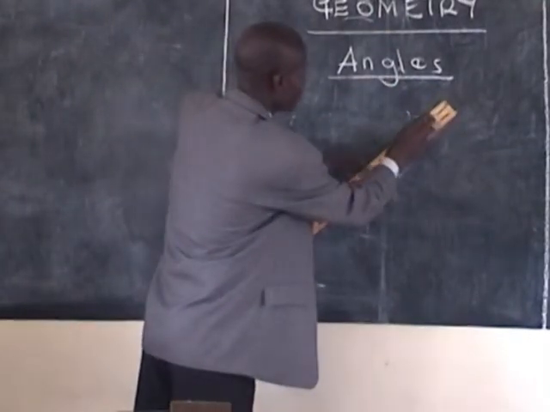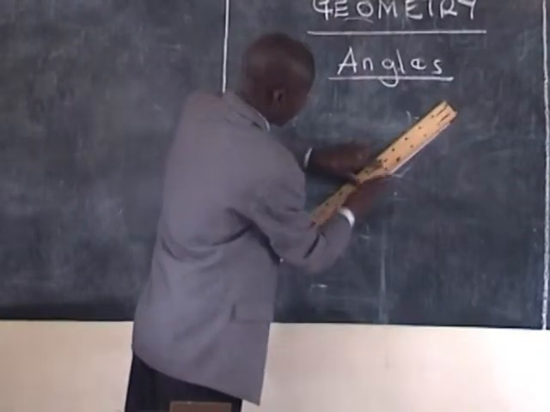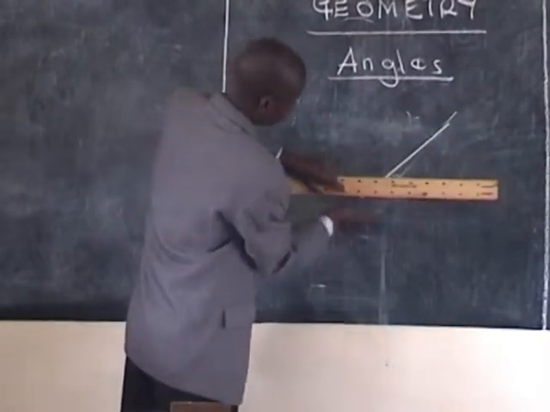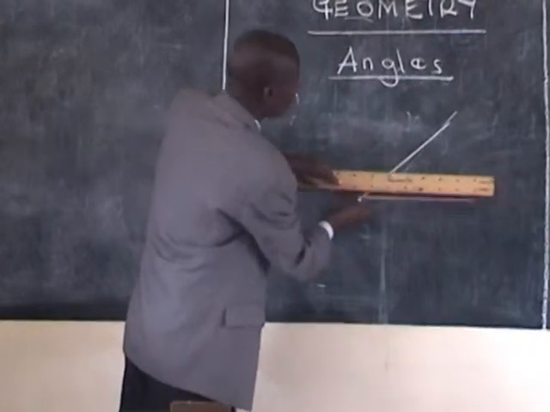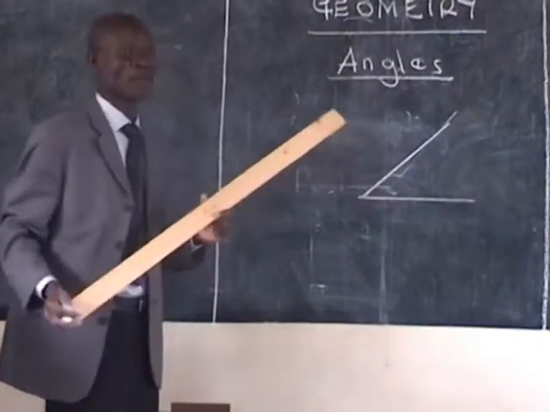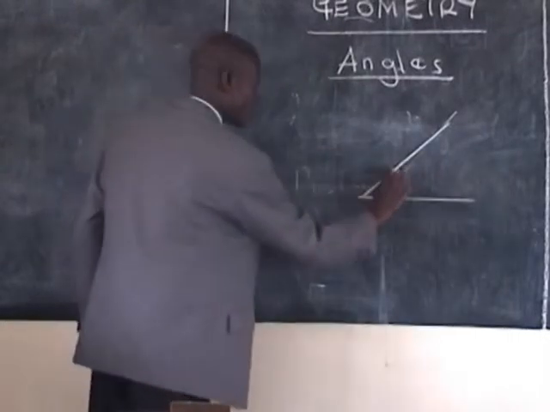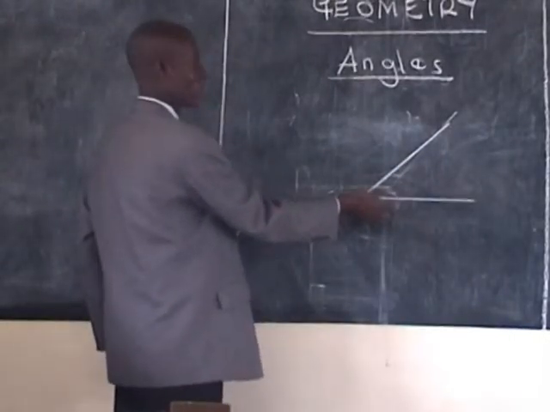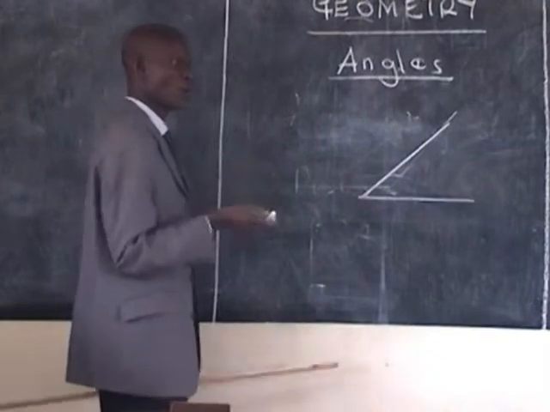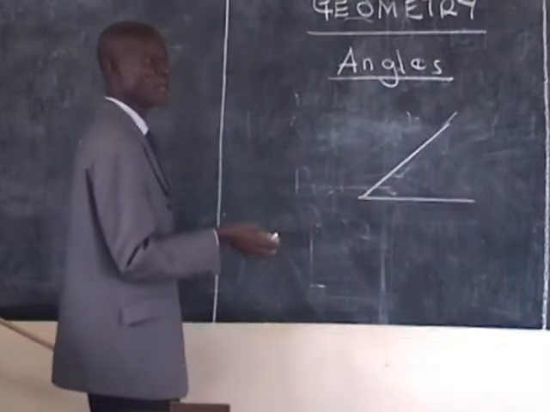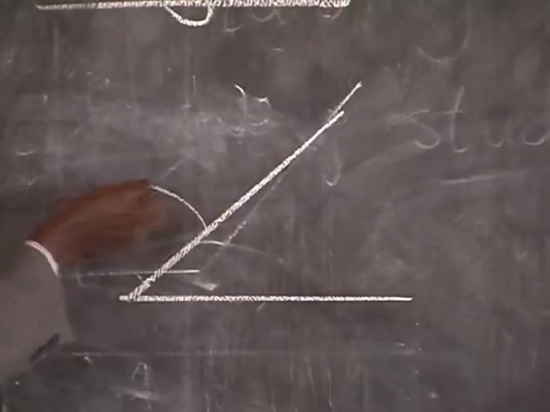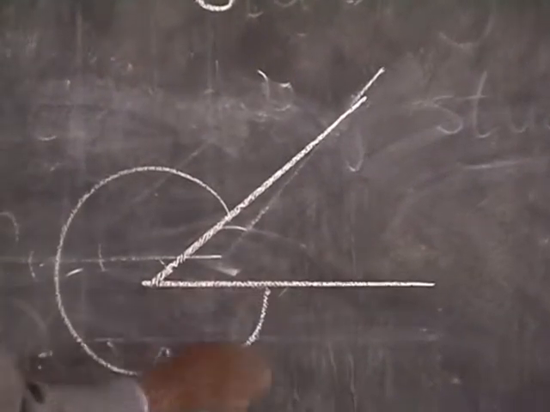First we need to draw something that looks like an acute angle. But the difference between that acute angle and the reflex angle is that in an acute angle, the angle is marked between the two lines. But to make it a reflex angle, we'll mark the angle outside the two lines.